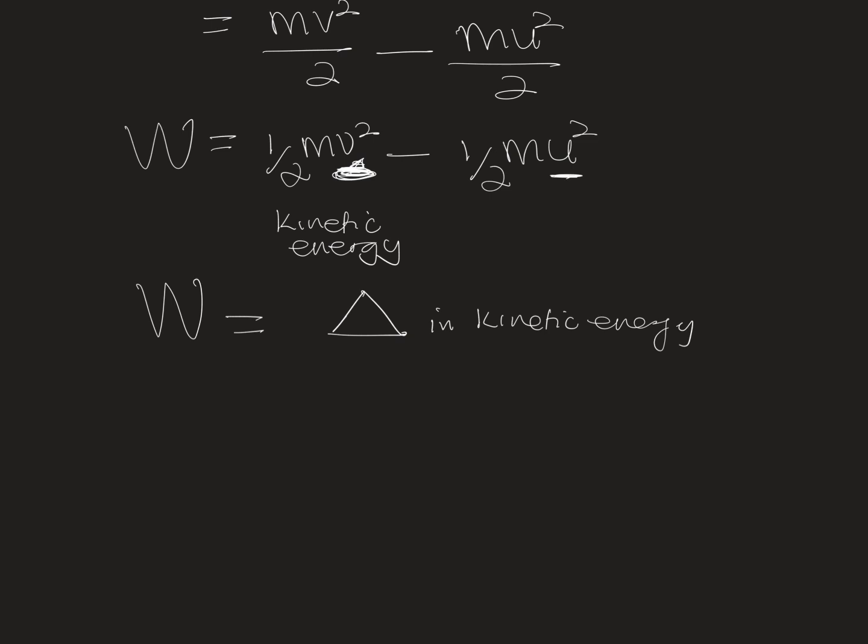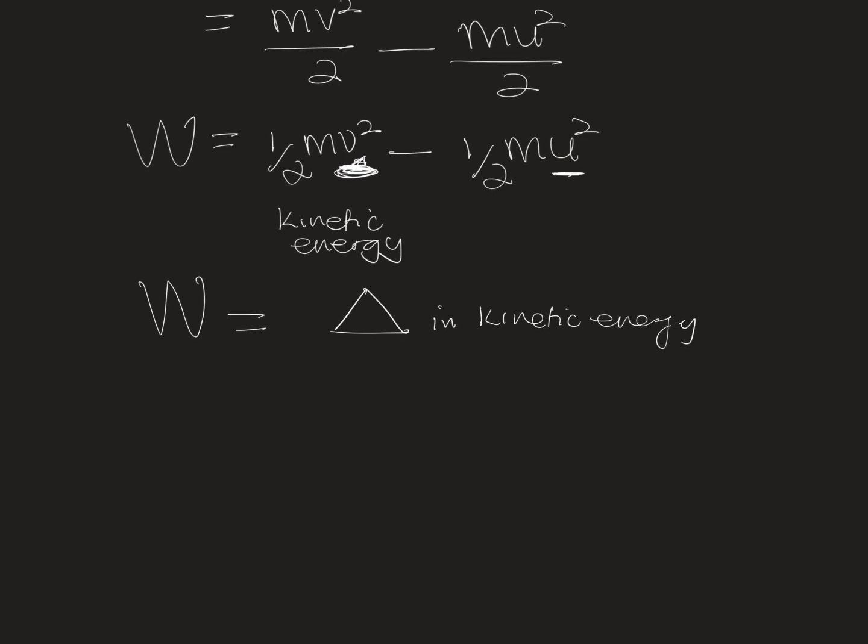So if I further simplify, I can have work done is equal to, since half and m are common, I can factorize that out to have half m, then v squared minus u squared.